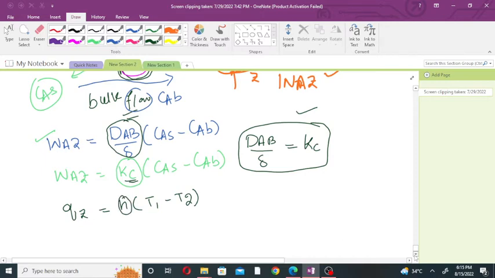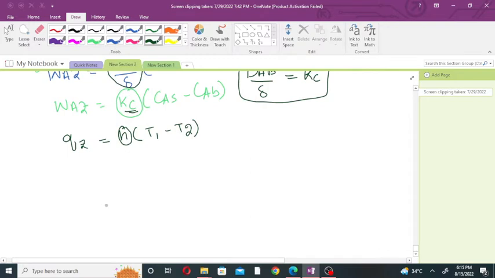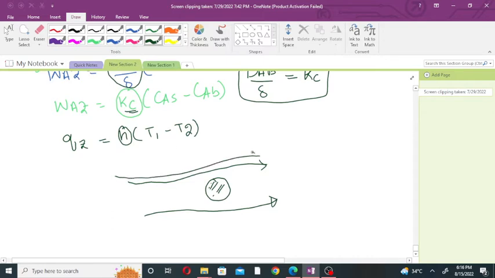Now there is a correlation for heat transfer. Suppose this is a spherical particle, and there is some fluid flowing around the spherical particle.